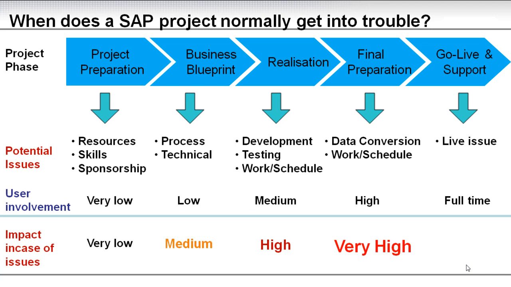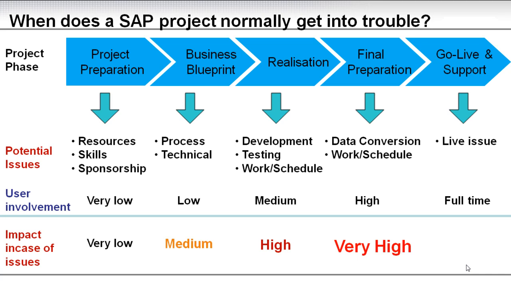Now, the impact in case of issues during the phases. In the beginning, we haven't really started. We haven't really scaled up the team yet, so it's very low. Then it goes to medium during business blueprint. We still haven't started building the design. Once we start building the design in realization, we get into a high impact if something happens. And if we're in final preparation, we are at very high because now the investment is done.